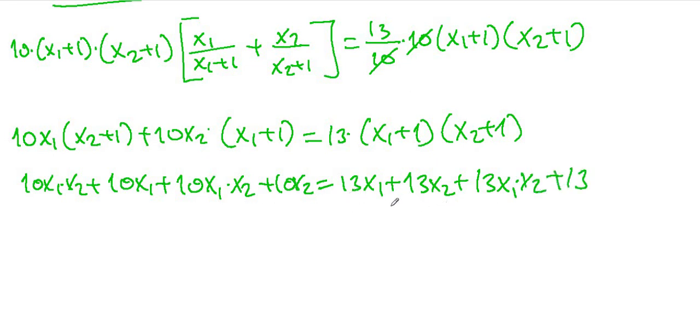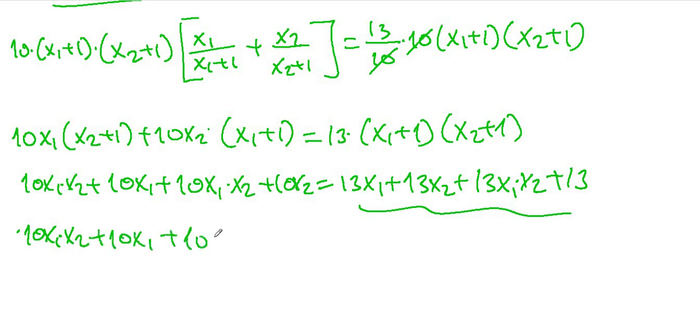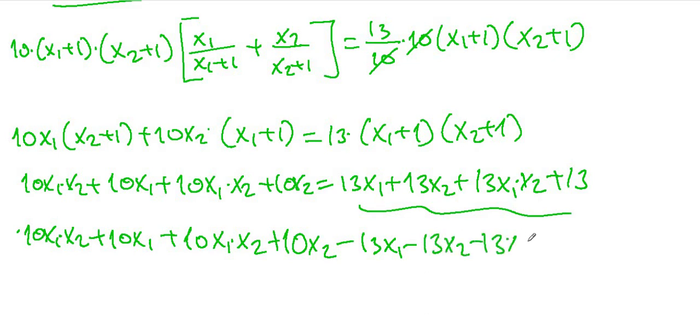So let's move these terms to the left hand side to get 10 x1 x2 plus 10 x1 plus 10 x1 x2 plus 10 x2 minus 13 x1 minus 13 x2 minus 13 x1 x2 and minus 13 is equal to 0. So here there are like terms.